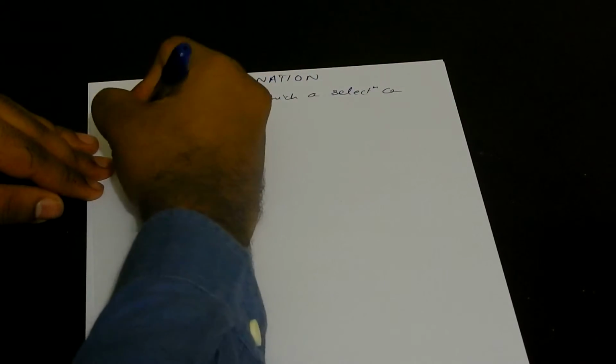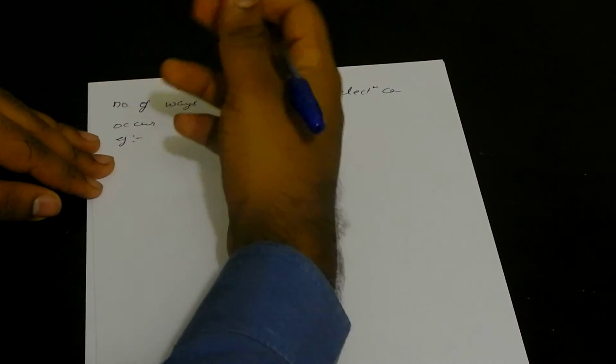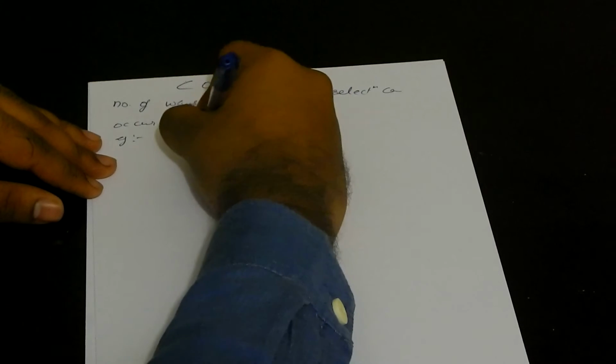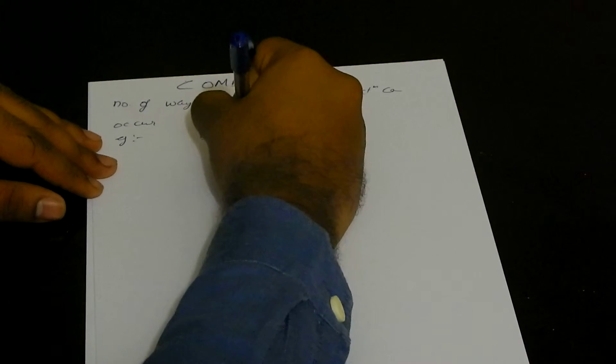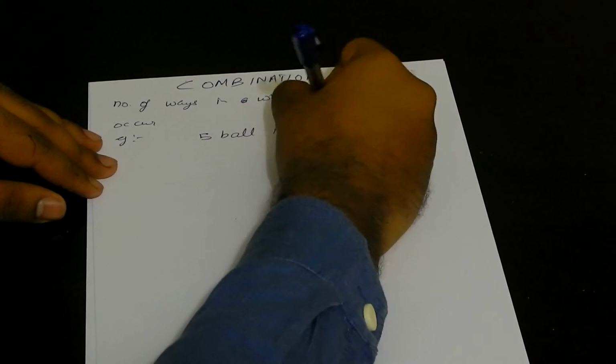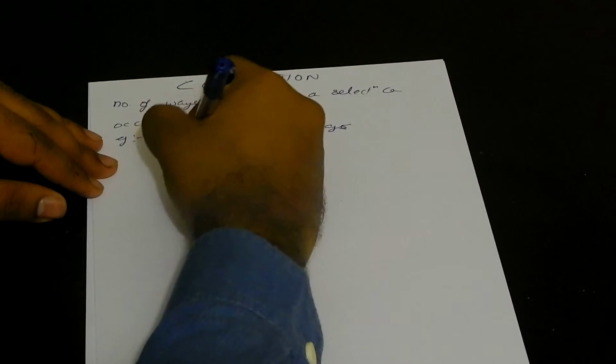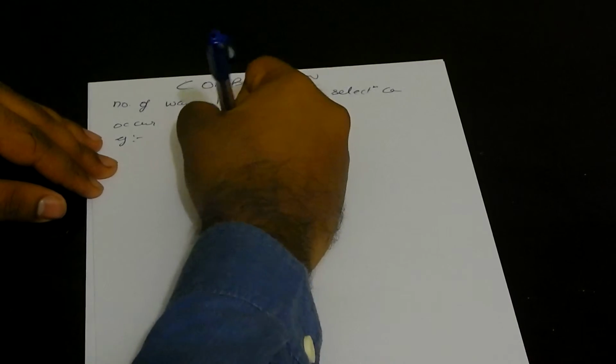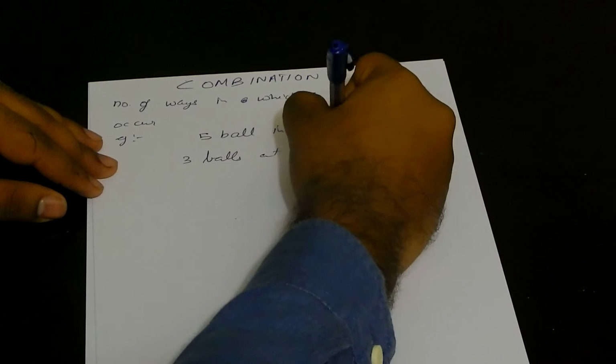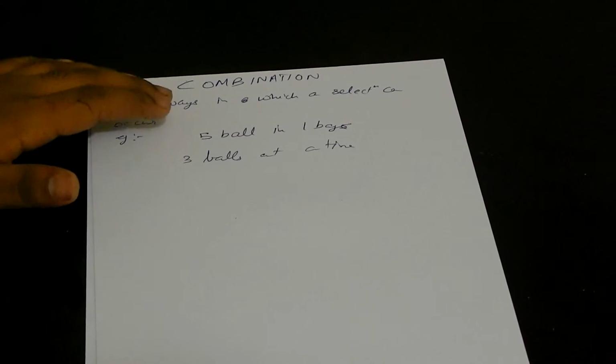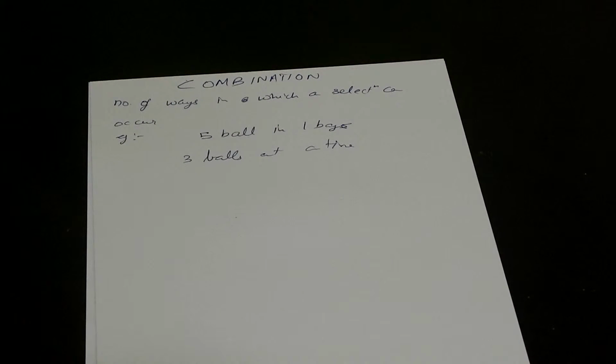So let's take an example. In this example we have 5 balls in one bag, and we are supposed to select 3 balls at a time. But which ball has to be selected is not specified.